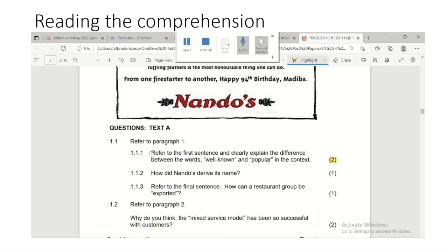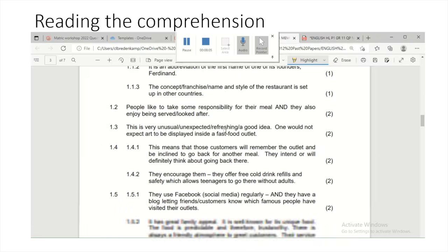So very importantly, we must look at paragraph 1, refer to the first sentence, and explain the difference between the words well-known and popular. One of the key elements over here is in the context of this particular comprehension. So let's have a look at the memo, just scrolling down.